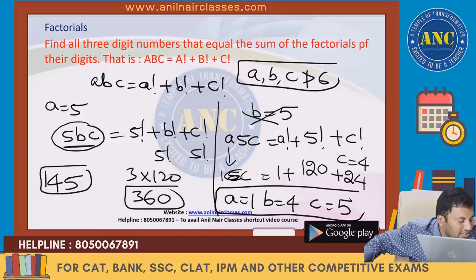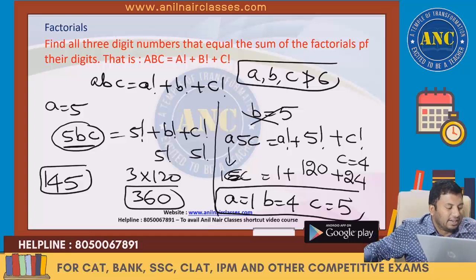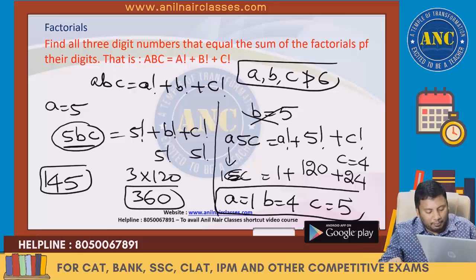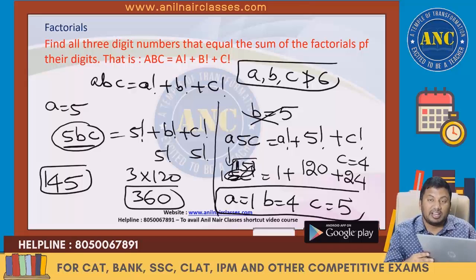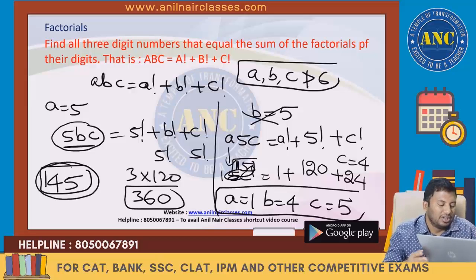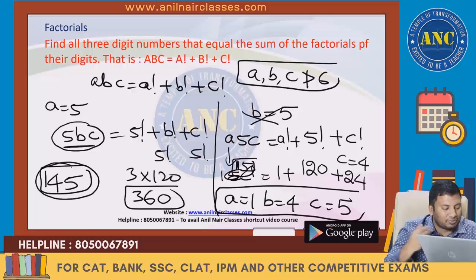Just by putting some values, you will get an idea where that value is. When I put B value 5, C4, it is not reaching 145. But if I change this, it is reaching 145. So 145 is one value, which is 1 factorial plus 4 factorial plus 5 factorial.